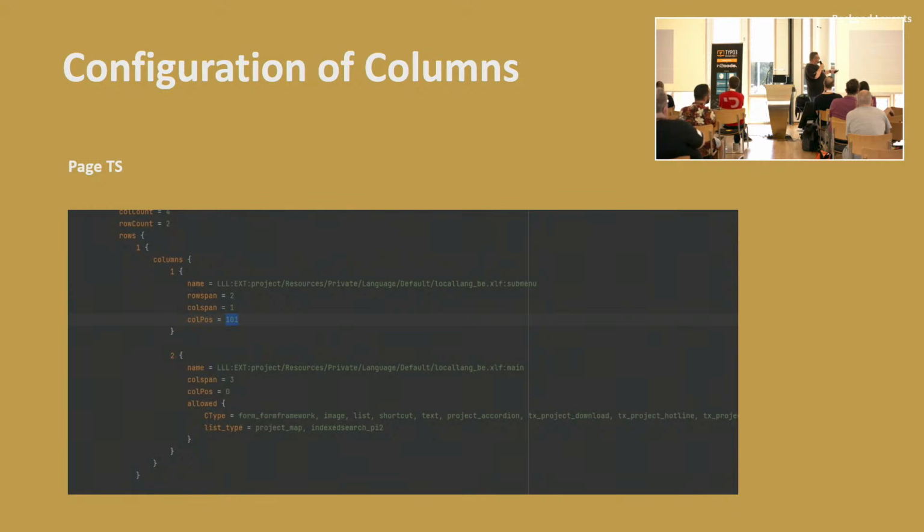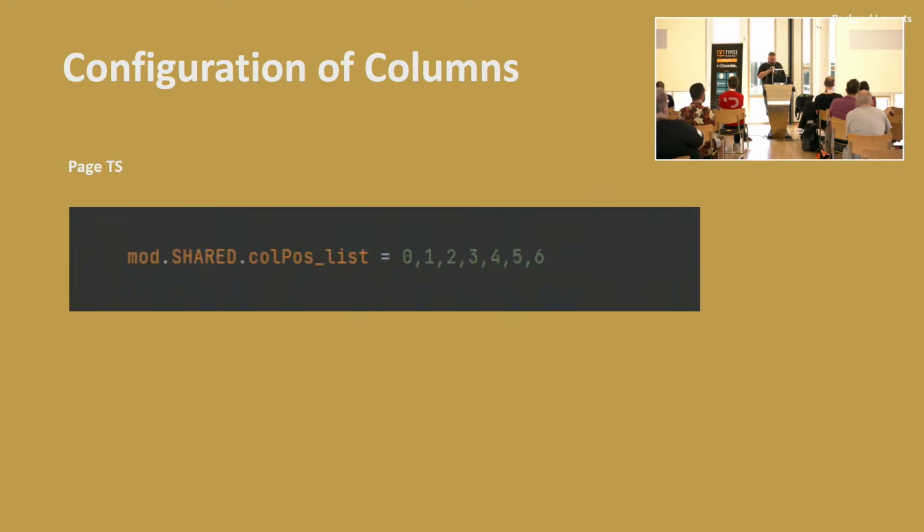We have a specific colPos for every element, and this colPos is one that we don't want the editors to edit. You can give it a very high number or something else, but you must set a number. And then with mod.SHARED.colPos_list, you can say which colPos can be edited by the editors.